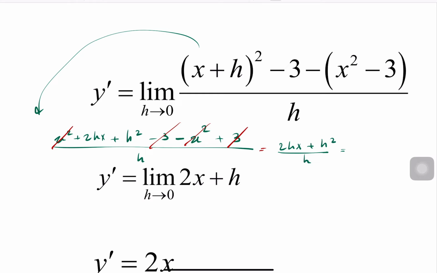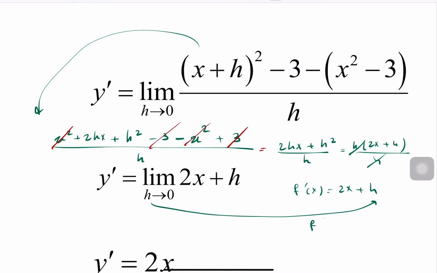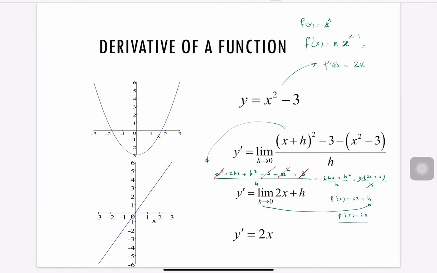Then I can factor out the h: h times 2x plus h, divided by h, cancel each other, and f prime x will be 2x plus h. I know the h goes to 0, then f prime x will be 2x. It is a very easy way to calculate. It's very important.